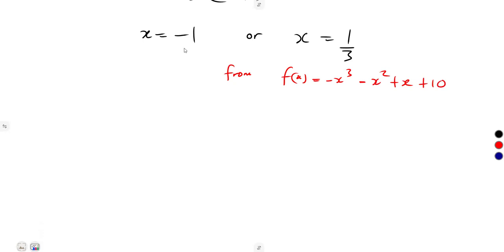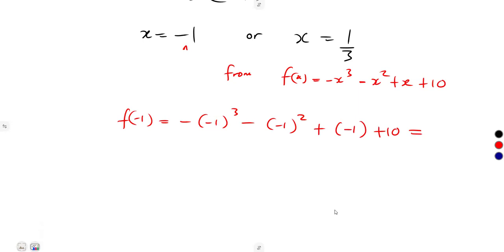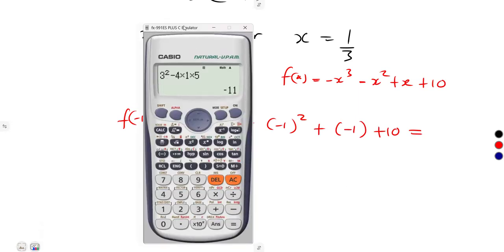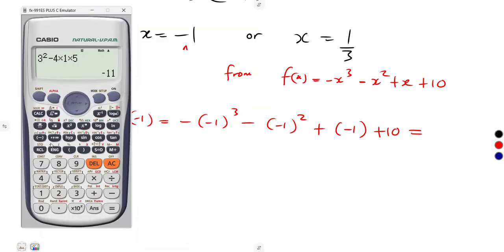From that, when x is negative 1, that's f of negative 1, in place of x, put negative 1. So that's negative 1 to the exponent of 3, negative 1 squared plus negative 1 plus 10. You are going to obtain the value of y corresponding to that value of x at the turning point.